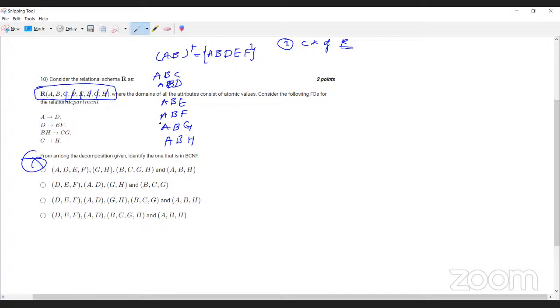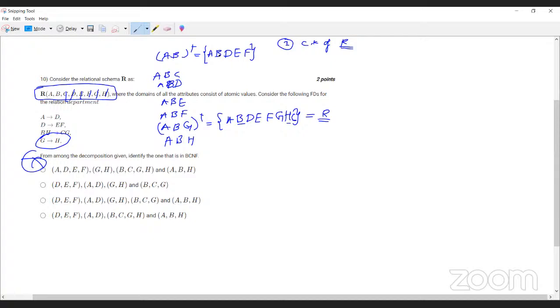So if I take the closure of ABG, from AB I will get A, B, D, E, F, and G will also be there. And from G, I will get H. So all the attributes are present. If I take the closure of ABG, this must be my relation R, right? C is not present. Oh, from BH you will get C. Yeah, BH, sorry. From BH, we'll get C, right?